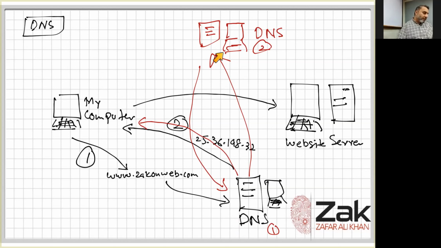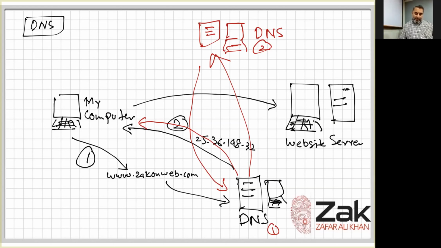DNS server 2 finds the URL, maps it to the given IP address, and sends the IP address back to DNS server 1. In case it has it itself, then it finds it itself. This IP address is then sent back to my computer. With this IP address, my computer now sets up a communication with the website server, and the required pages are downloaded. So that is how it works.